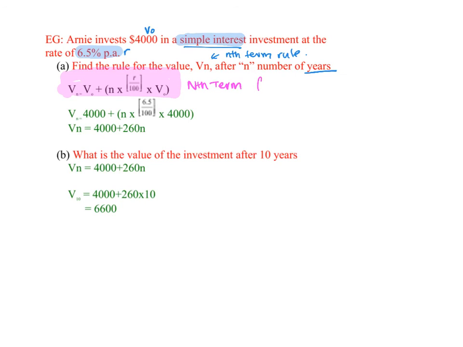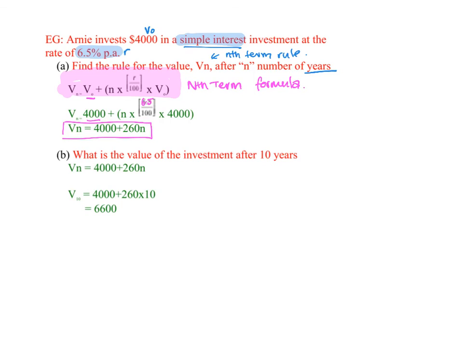So into it, that's what I'm going to do. Vn equals, now I need to substitute in V0, which is 4,000. So I've done that. Plus, and it will be n times the rate. So you can see I've put 6.5 over 100 times 4,000. And here we end up with the nth term formula. That's what it'll look like.